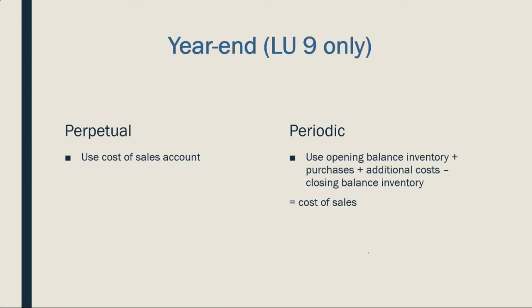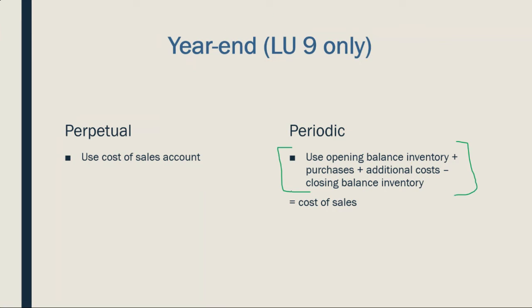Under the periodic one, because we do not have a cost of sales account, we will have to do our calculation that we've discussed in Learning Unit 6, which is this: the opening balance of inventory, we add all the purchases, add all additional costs, and deduct the closing balance inventory to calculate the cost of sales.